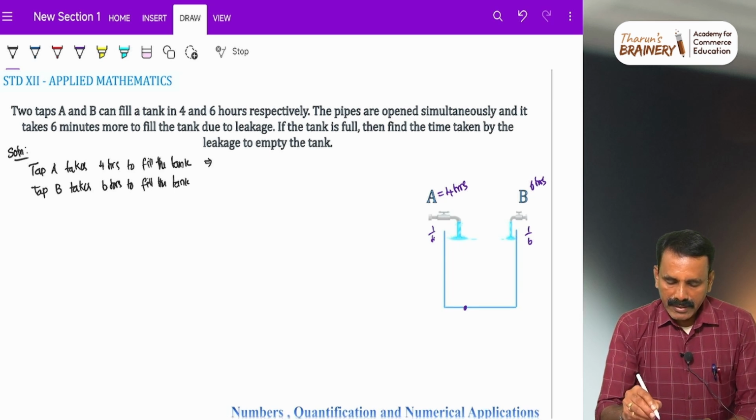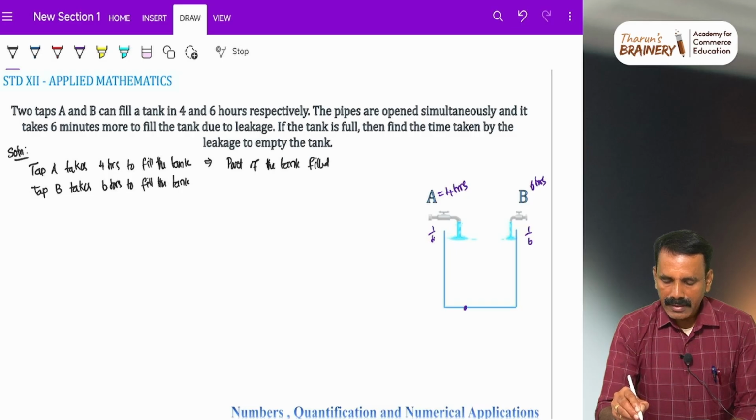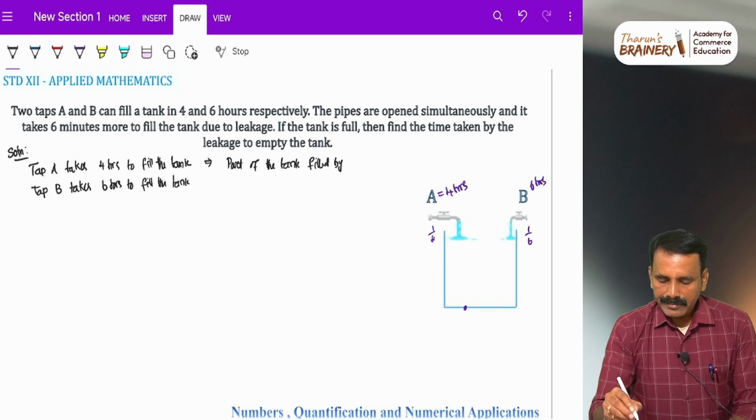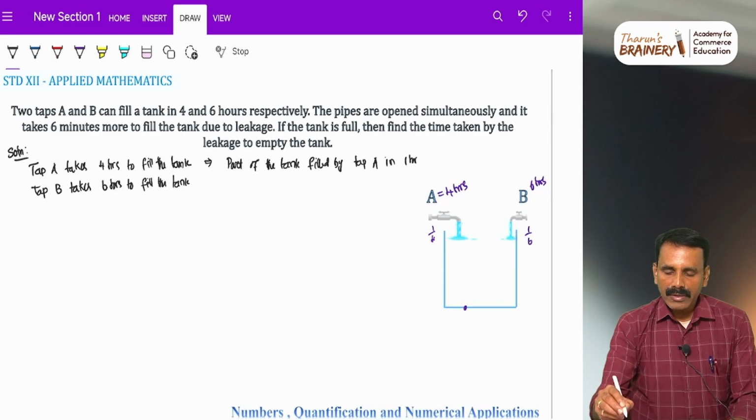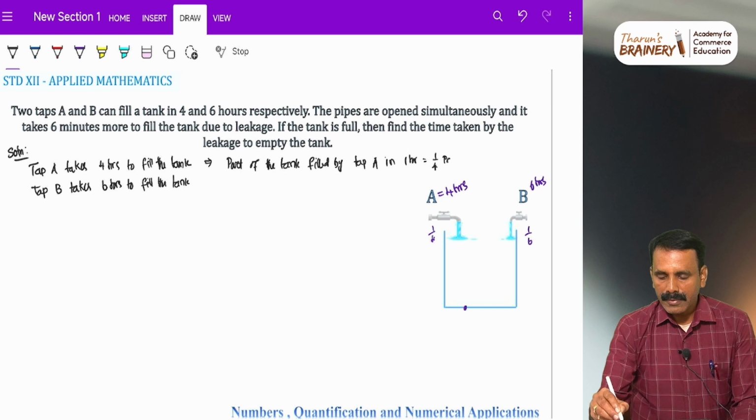So, from this we get part of the tank filled by tap A in 1 hour. If it takes 4 hours to fill the tank, then part of the tank which is filled by tap A alone in 1 hour will be 1 by 4 part.